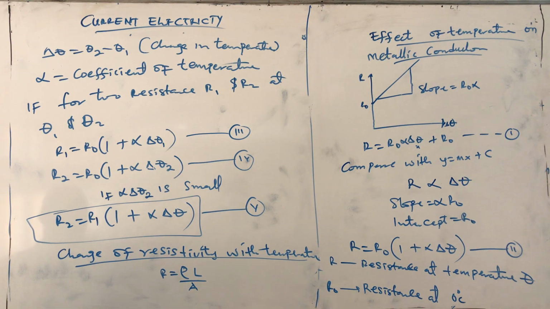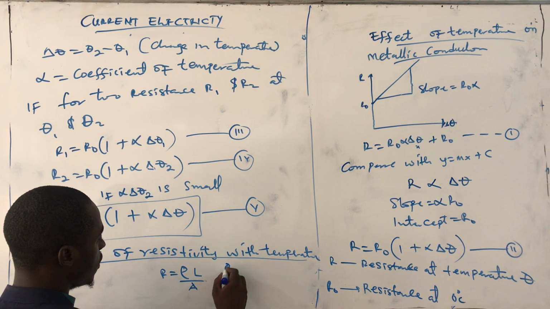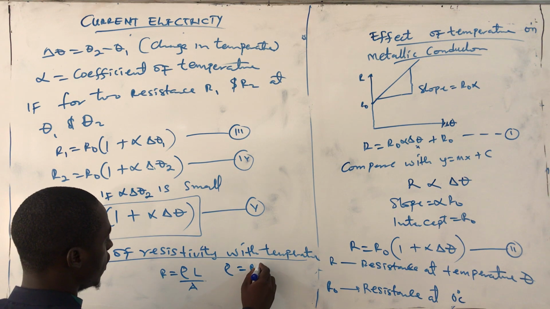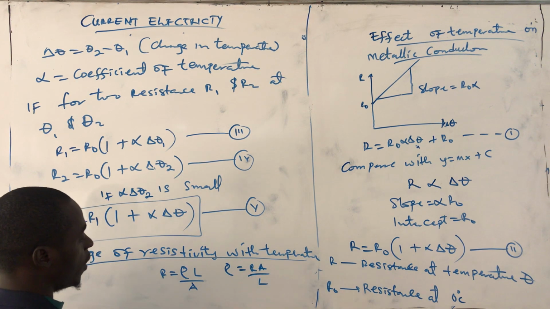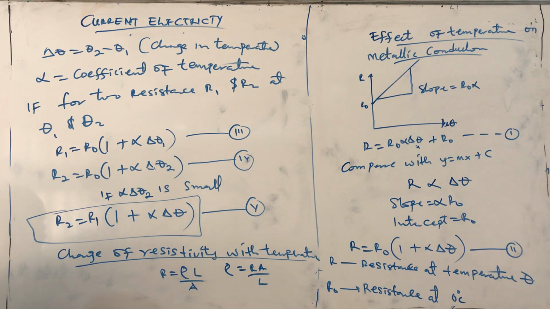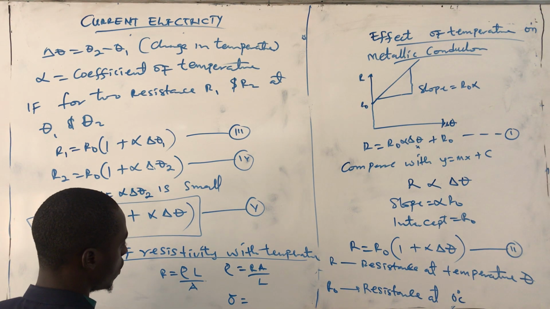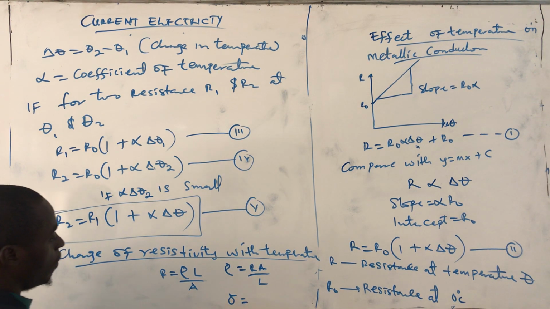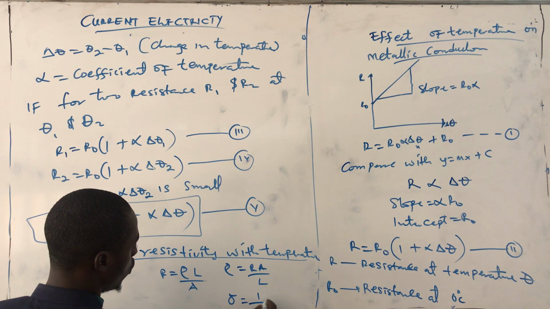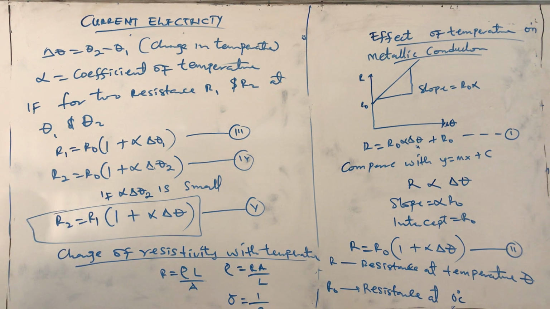And if you want to change resistivity with respect to temperature, from our formula, resistivity is equal to RA over L. But to change this in terms of resistivity and conductivity, the conductivity is the same thing as 1 over resistivity.